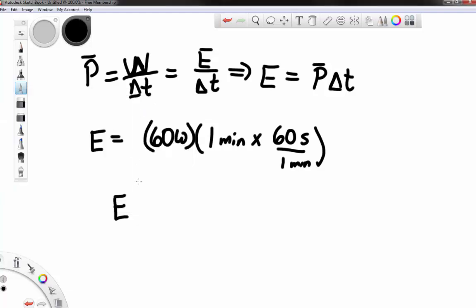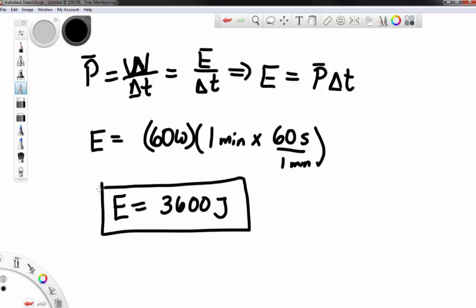So the energy used will be 3600 joules. So that's how much energy you're using each minute with your 60-watt light bulb. Notice that this is basically 1/1000th of the energy I solved for earlier when finding the amount of joules that go into a kilowatt hour. So basically, if you use your 60-watt light bulb for 100 minutes, you've burned through 1 kilowatt hour of energy.